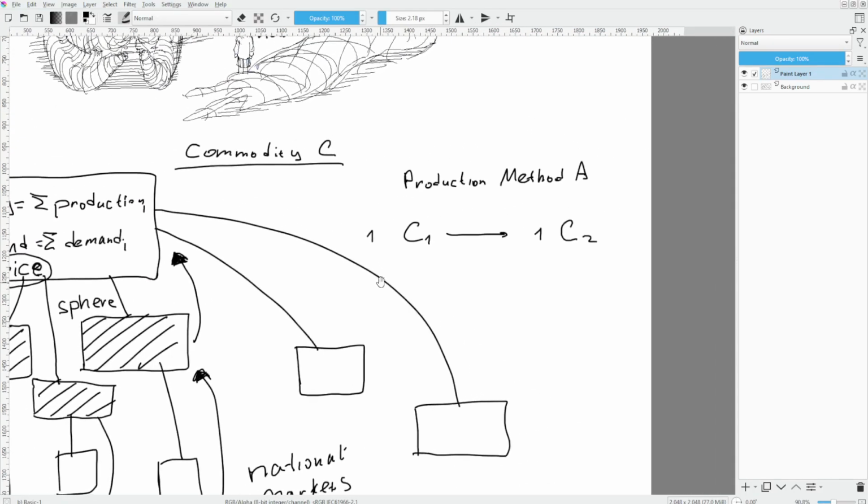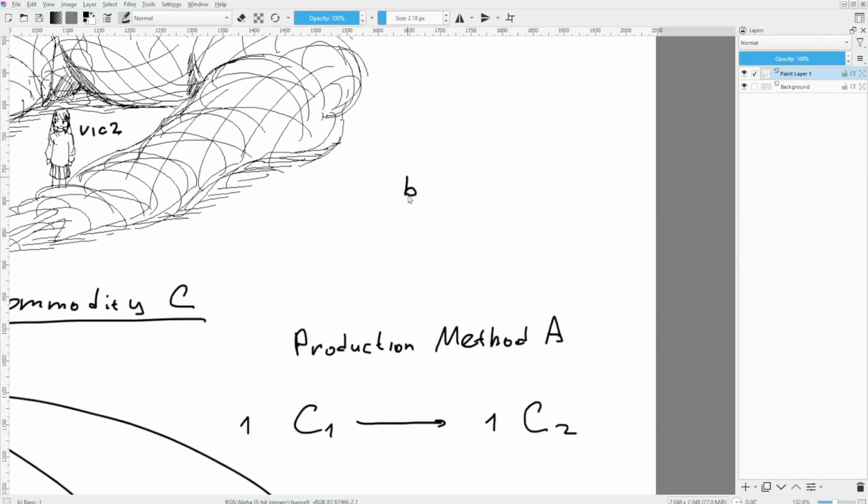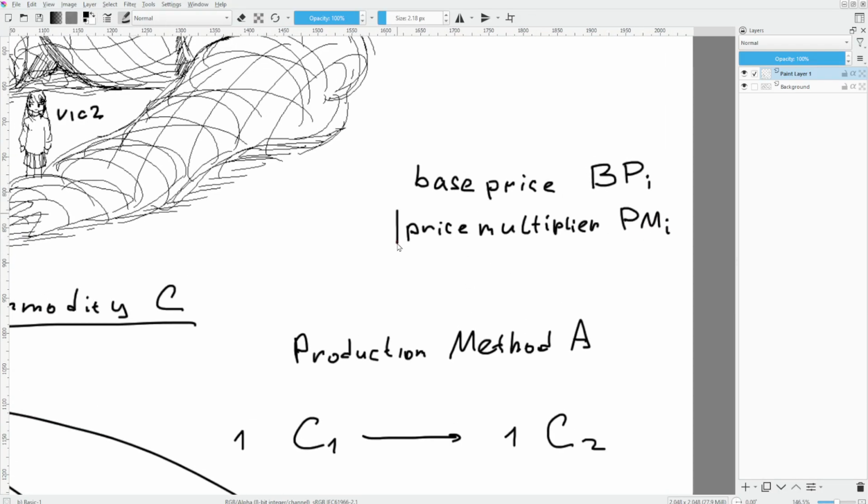And of course, how does the price work in Victoria 2? You have a certain base price and a price multiplier. And the result, demand and supply, influence exactly this value.